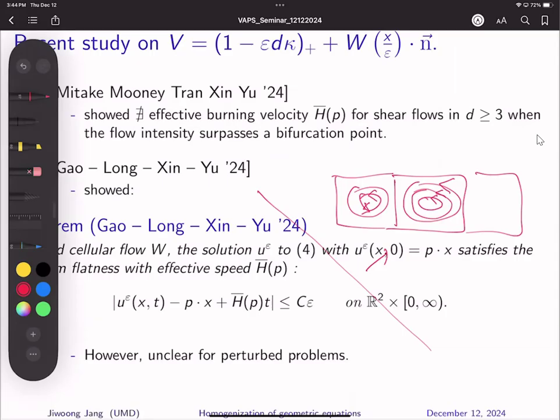There are many copies of the cell, and the front will go through the effect of the wind. It's unclear if we have a uniform fluidness behavior. What they proved is that if they have a certain solution to the local problem, say V, then the magnitude of the corrector is uniformly bounded. For this purpose, they use game theoretic analysis.